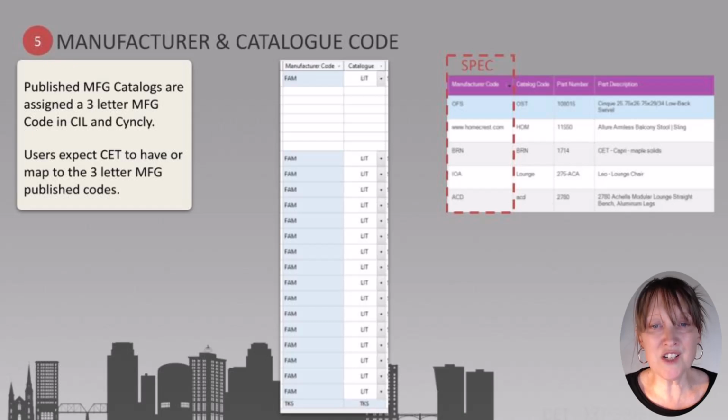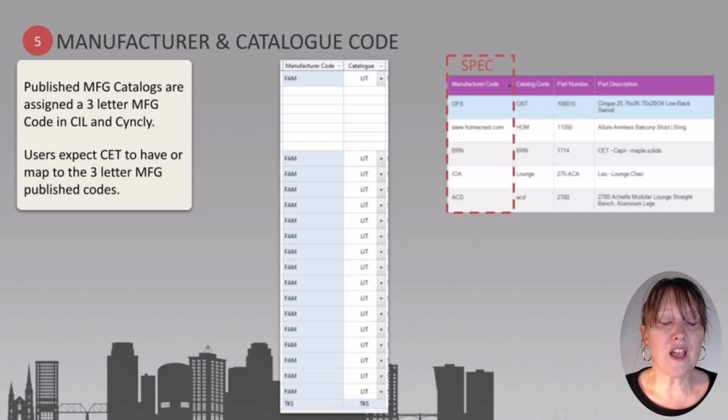But the challenge that happened with that is that when a designer or a user exported out of CET, imported into spec, the manufacturer code will come across as their URL. The web URL creates problems for the user because when they want to update the products against your catalog data, it cannot identify the manufacturer because the catalog data has a different 3-letter code than the provided URL.